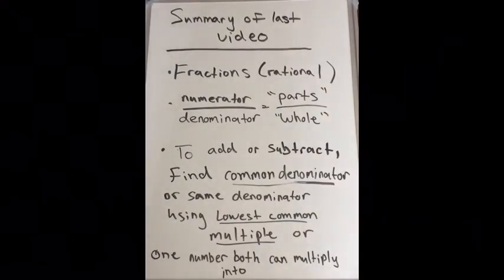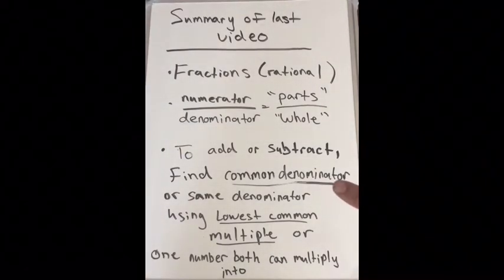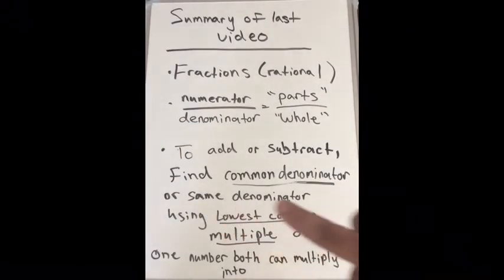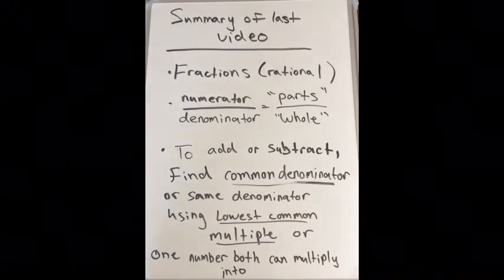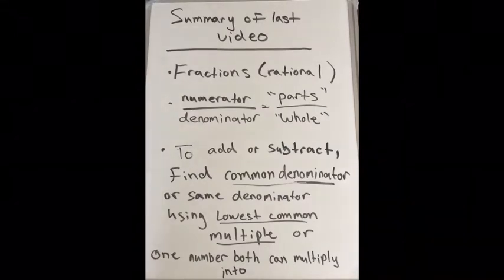When we want to add or subtract fractions, we must find a common denominator, using the lowest common multiple, the LCM, which is one number that both of the denominators can multiply into.